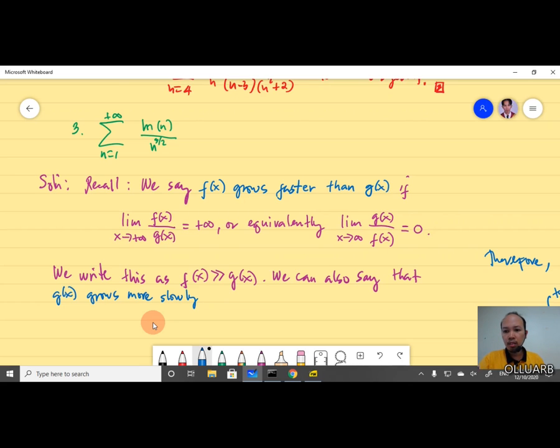We can also say that g of x grows more slowly than f of x.